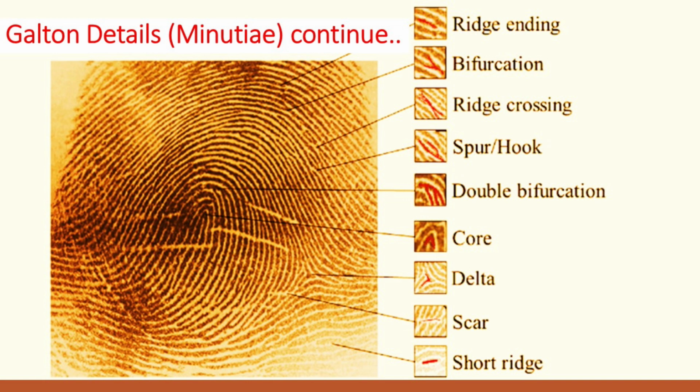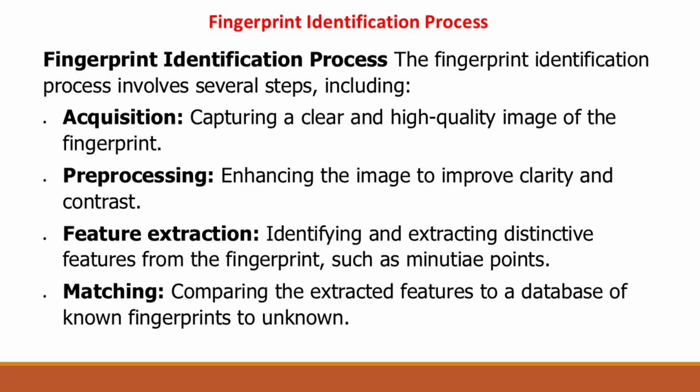Now, in a fingerprint identification process, there are some steps that you need to take note of. We have about 4 steps. The first one is acquisition, capturing a clear and high quality image of the fingerprint. Now, as questioned document examiners, what concerns us is the fingerprint on the document.